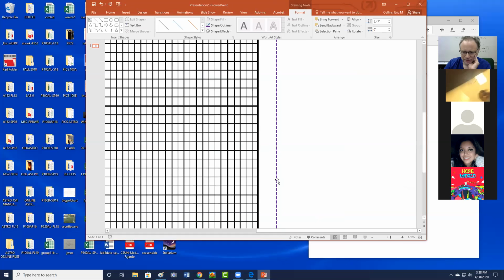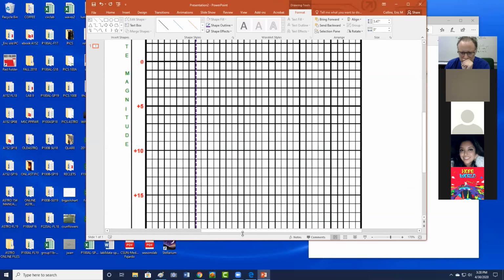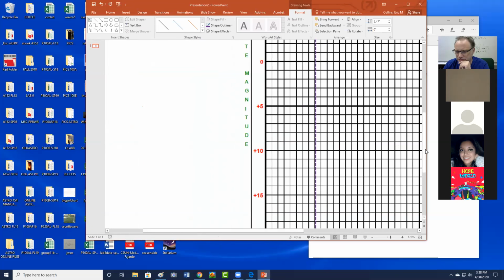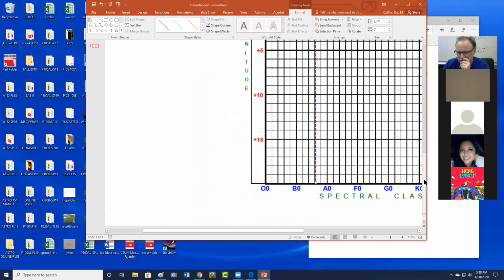So let's move the line. We go down to the bottom here. So I'm going to go over here. All right, so now I'm going to start moving over to the right until I get to 05.